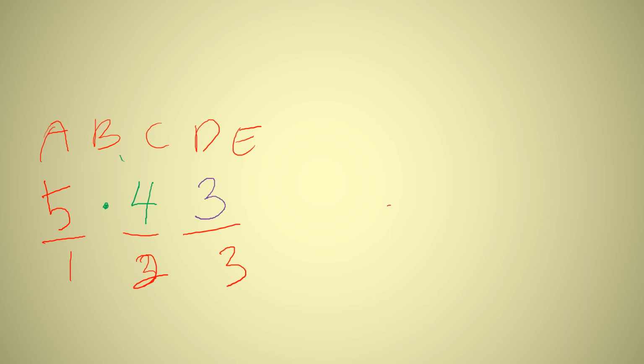That gives us 5 times 4 times 3, which is equal to 60. So there are 60 permutations of sitting 5 people in 3 chairs.